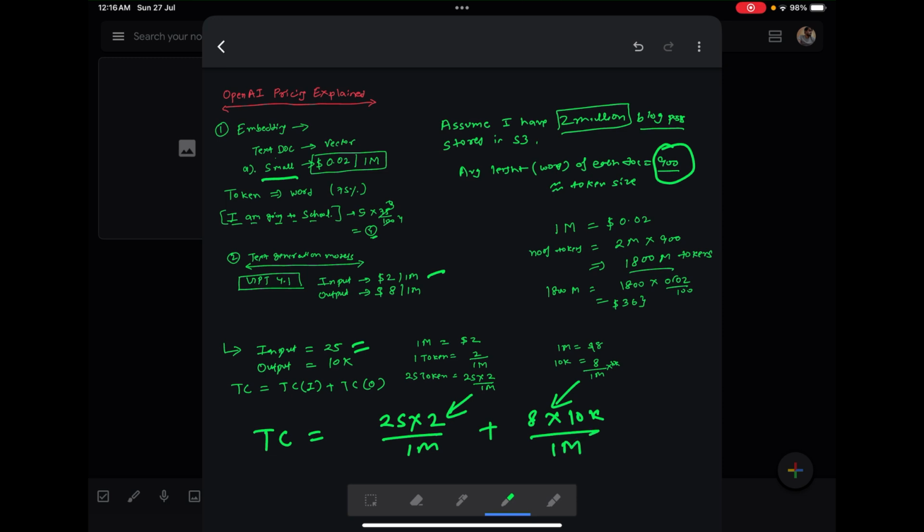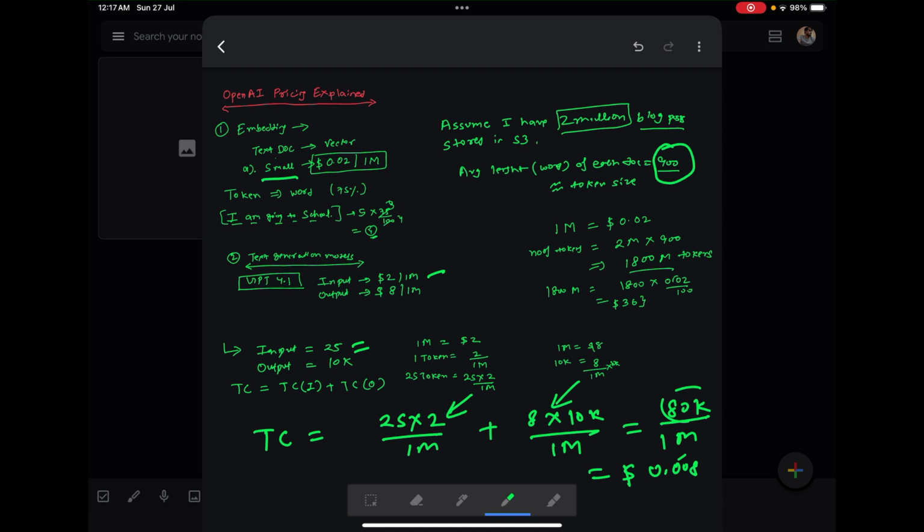Now if I have to compute it, since the denominator is the same, I can compute the numerator just by adding. So 50, and this would be 80k, and since 80k is the majority figure, I'll just write it. So 80k divided by 1 million, which would be approximately, since in 80k 4 zeros will be removed, $0.008.